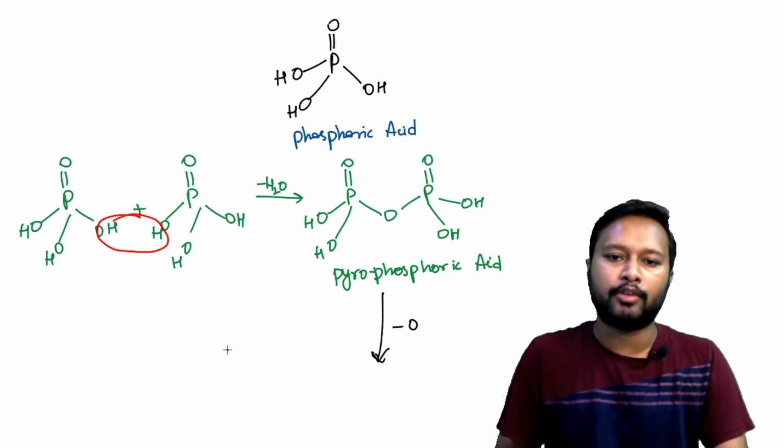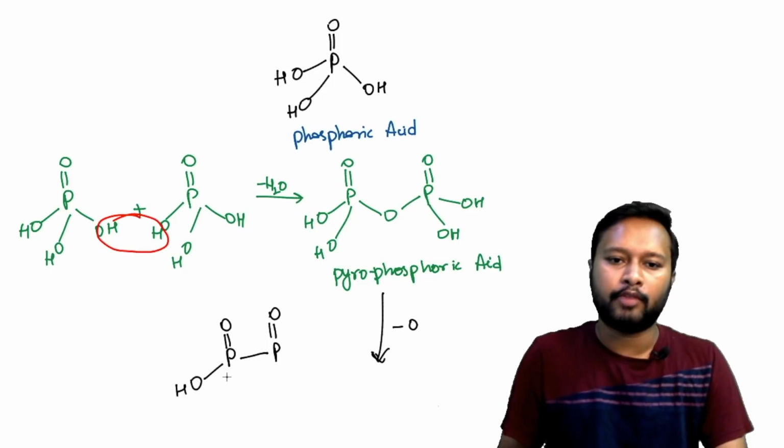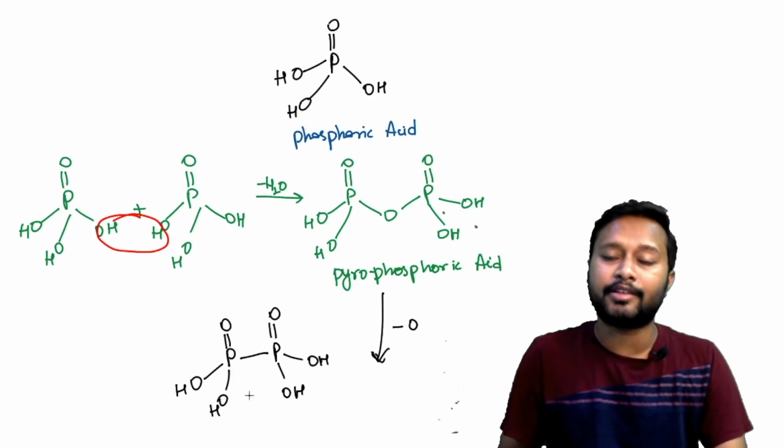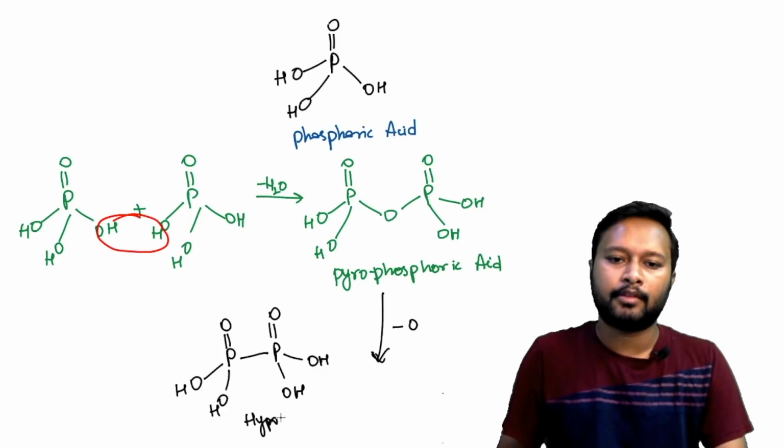What you are going to get is P double bond O, P double bond O, this oxygen got away, you get OH, OH, OH and OH. The name of this is hypophosphoric acid.